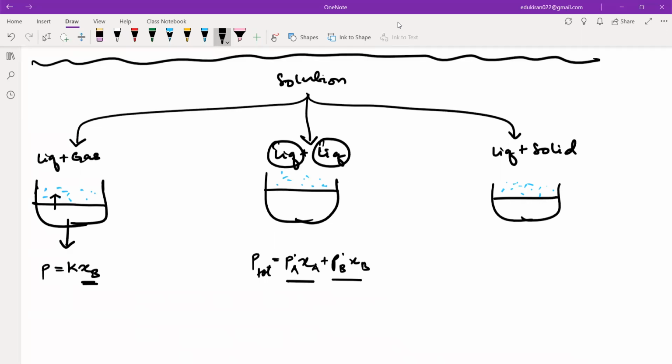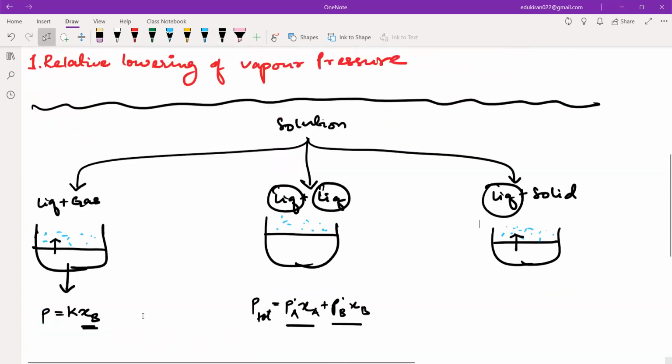But when I look at the liquid plus solid, now you tell me which has a tendency to escape, liquid or solid? Liquid. Only liquid, right? Solid will not escape, will it ever? No, right? So in that case, we will have the pressure that will be only due to the liquid that is present in the solution. Okay. So write that.